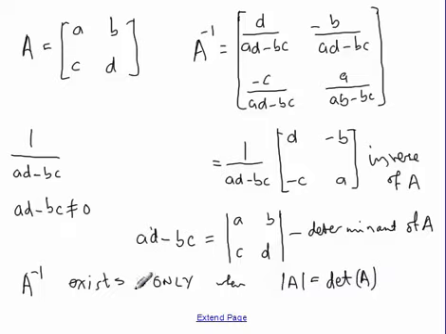Good. Then immediately I can come up here and say, okay, here is a matrix A equals 1, 2, 3, 4. Find the inverse of this. Guys, this is very simple.